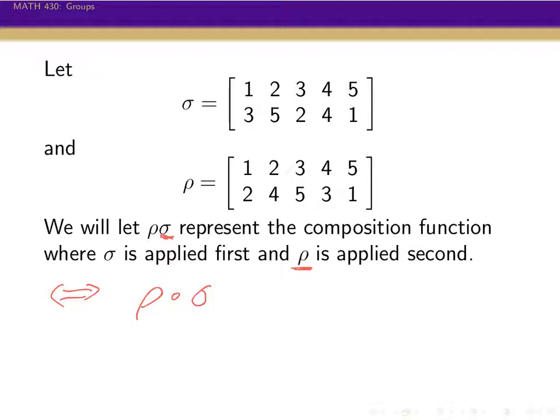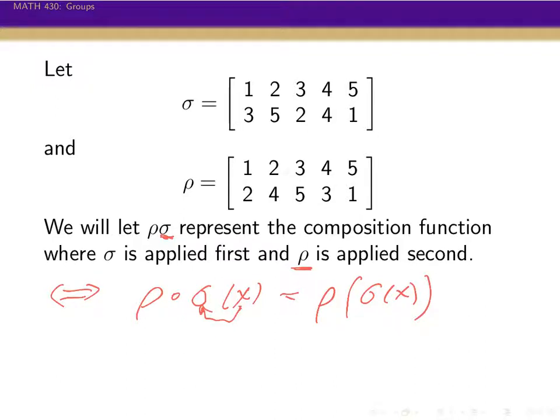When you plug something in, x is first going into sigma, and then whatever you get out of that goes to rho. And so this is going to be our notation in this class.